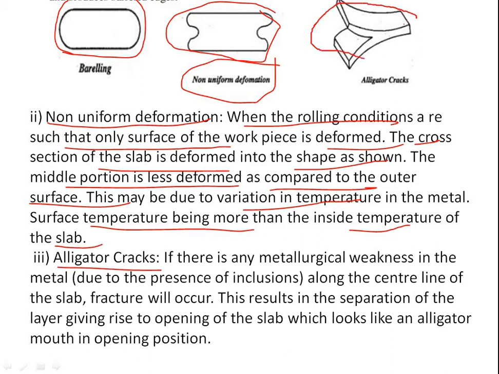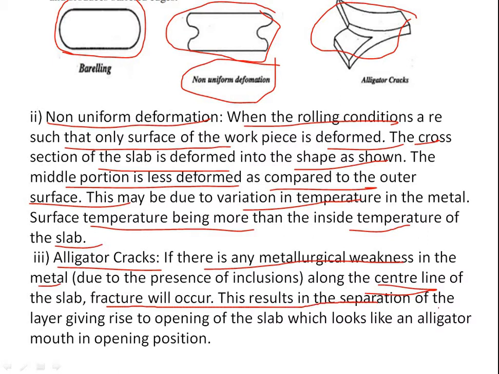Alligator, as we have discussed in the previous slide, alligator cracks. If there is any metallurgical weakness in the metal due to the presence of inclusions along the center line of the slab, fracture will occur.